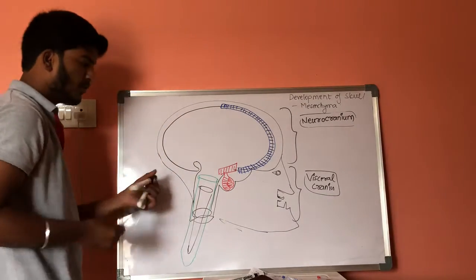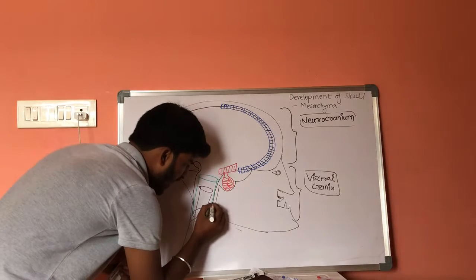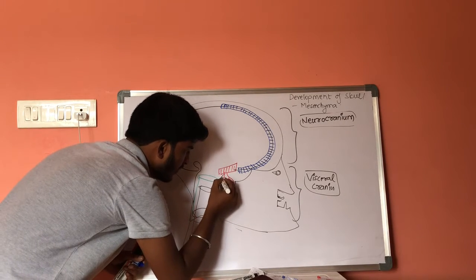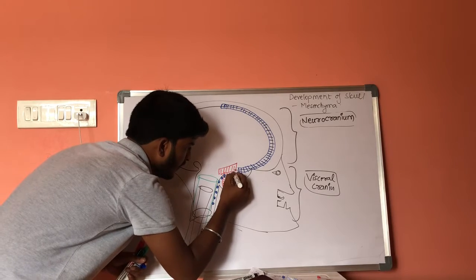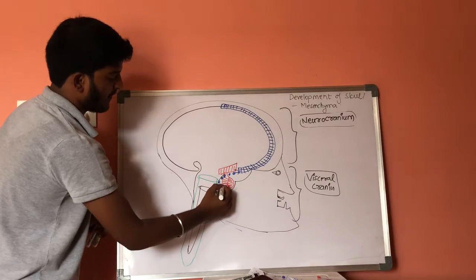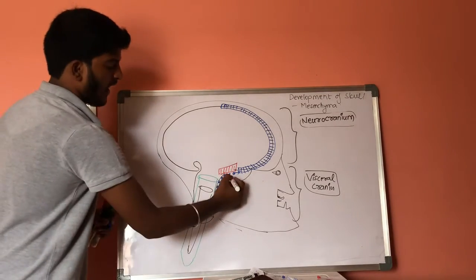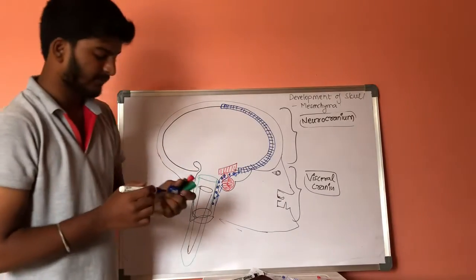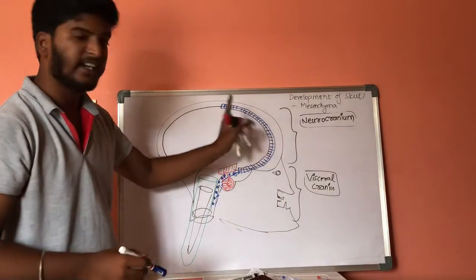And these neural crest cells are coming from the lateral sides of this tube, and are involved in the development of this anterior part of the brain, the anterior part of the telencephalon.